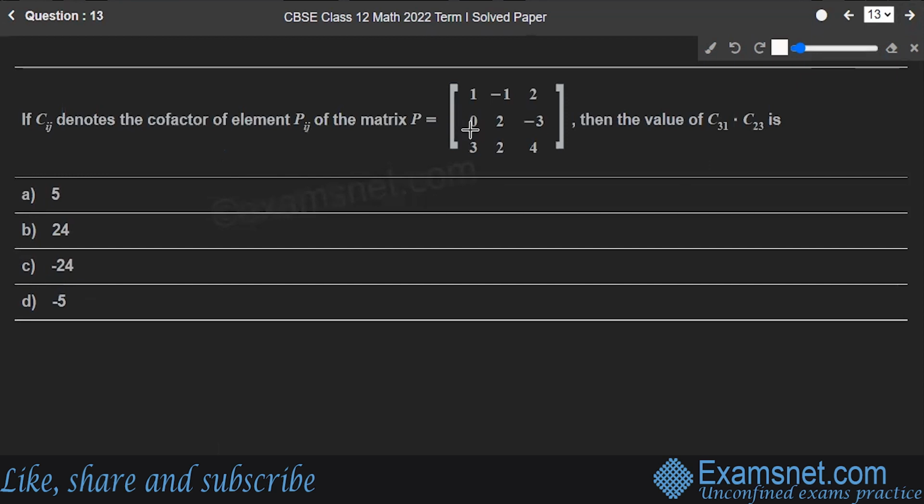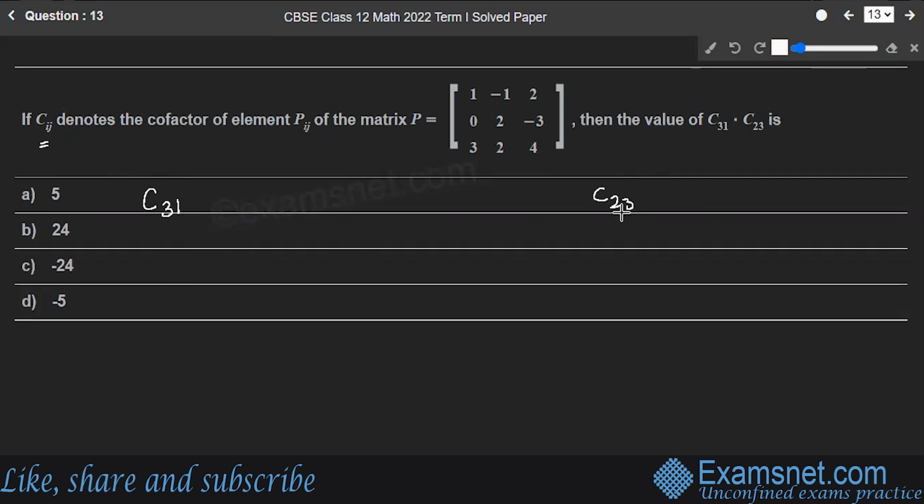Next is question number 13. If Cij denotes the cofactor of Pij, where P is the given matrix, then you have to find out the value of C31 multiplied by C23. First thing, Cij denotes the cofactor of Pij. You have to find out C31 and C23.